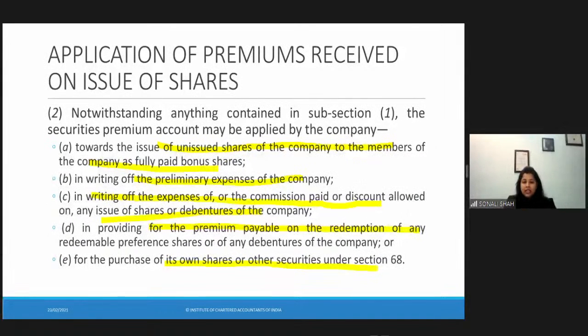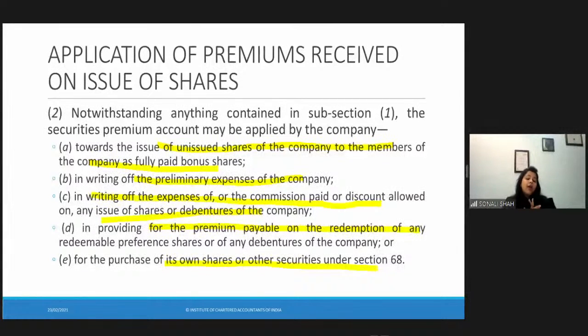So these are the specified purposes for which the amount in the securities premium account can be used. It can be used for issuing fully paid bonus shares to the members, for writing off the preliminary expenses of the company, for writing off the expenses of or commission paid or discount allowed on issue of shares or debentures of the company, and for providing for the premium payable on the redemption of redeemable preference shares.